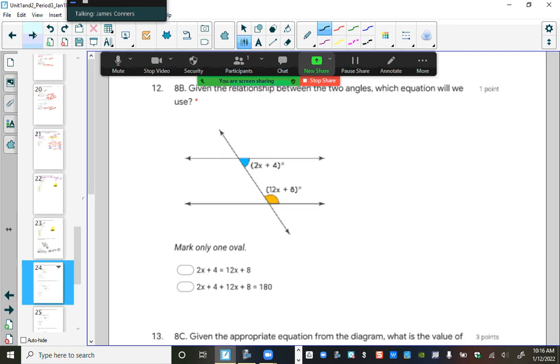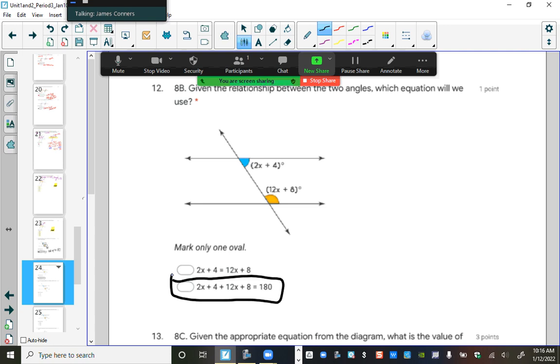So, given what Jason said, which equation, so we're on the next page now, are we going to use out of the two, the top or the bottom? Bottom. You have to use the bottom equation. So, now, given that bottom equation, what's always the next thing we need to do?